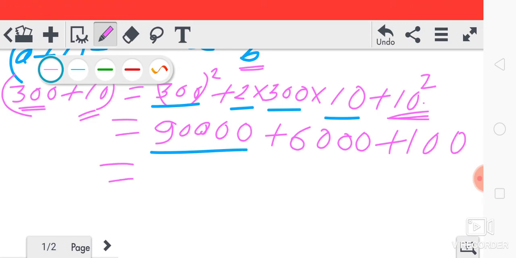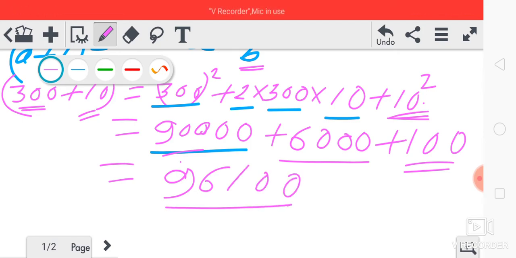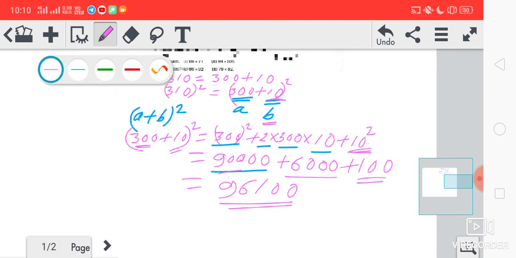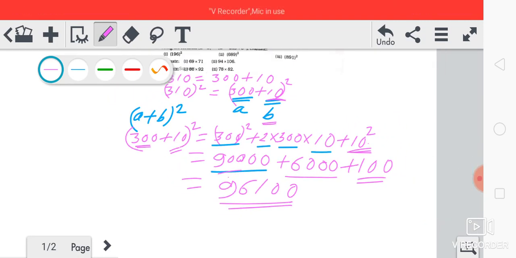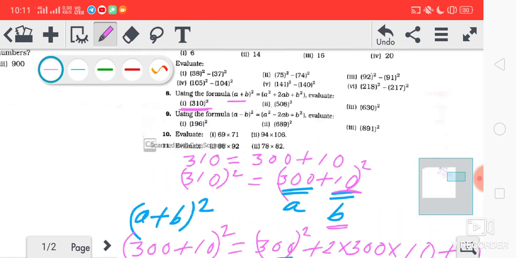Now you just add it. 90,000 plus 6,000, 96,000, and plus 100, 96,100. So this way you can solve using A plus B whole square formula. Got it? Okay.